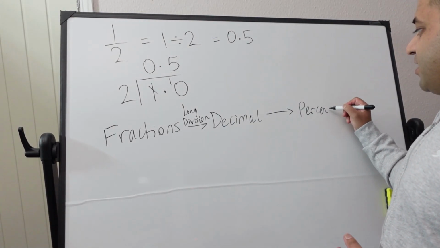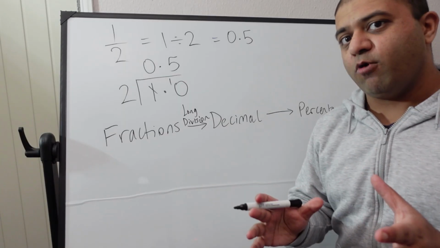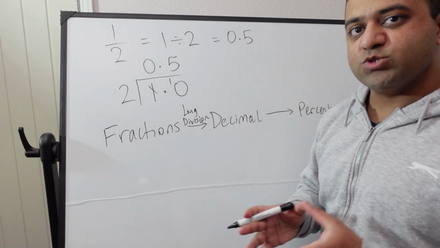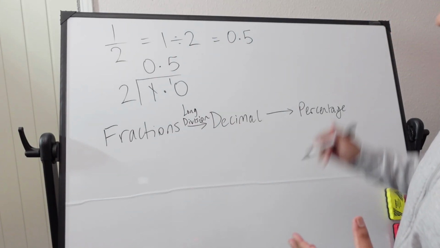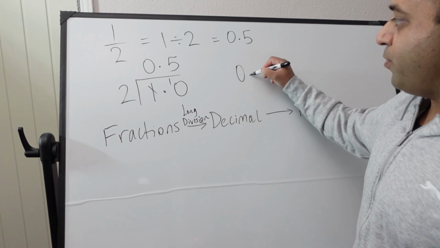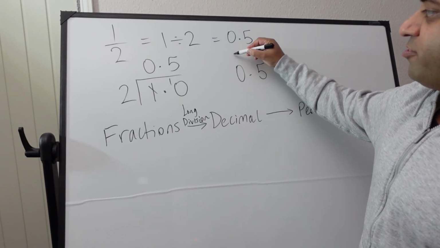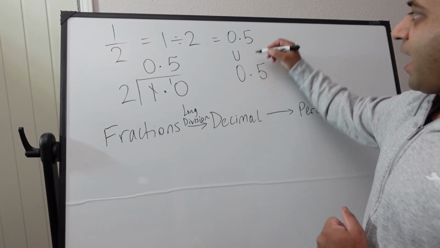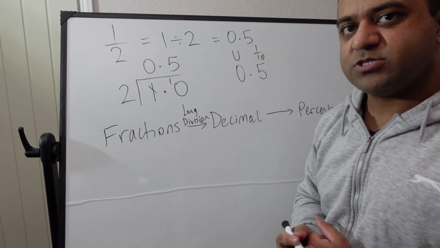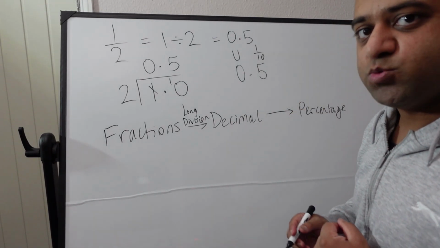Well, that should be very straightforward, as percentages are fractions where the denominator is 100. So if we look at the decimal places, so in this case the 0.5, we know that this represents the unit and the next position represents tenths. The position afterwards represents 100ths.